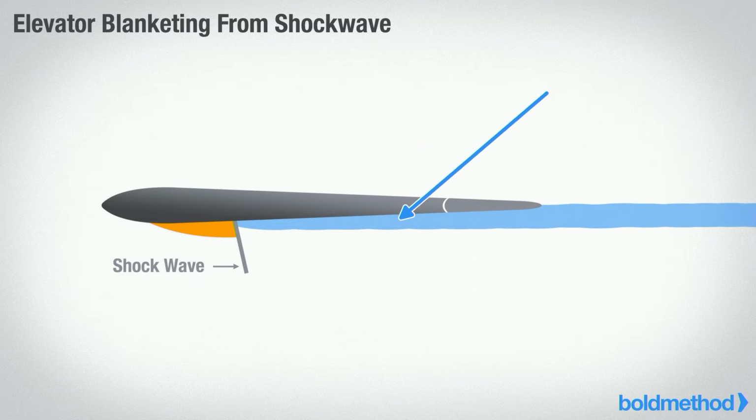The airflow separates behind that shockwave, and look where our elevator is. When I'm moving my yoke, the only part of the tail that moves on light aircraft and some other aircraft is the elevator itself. And now the elevator is behind separated air.